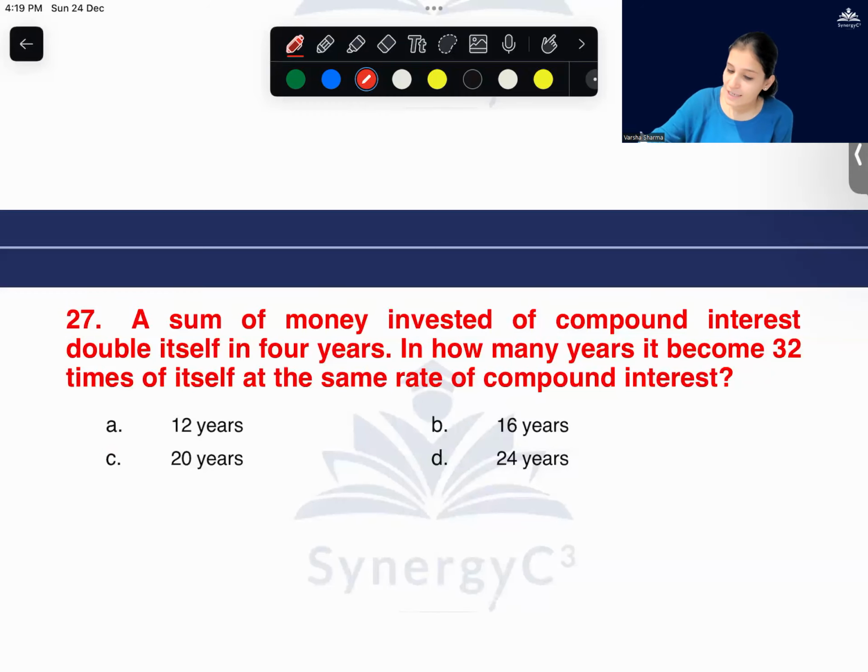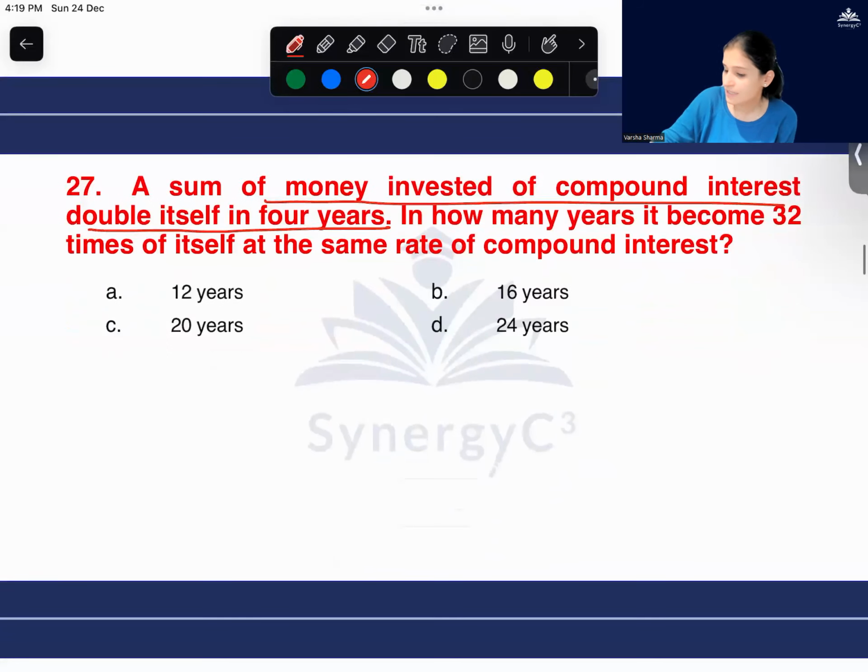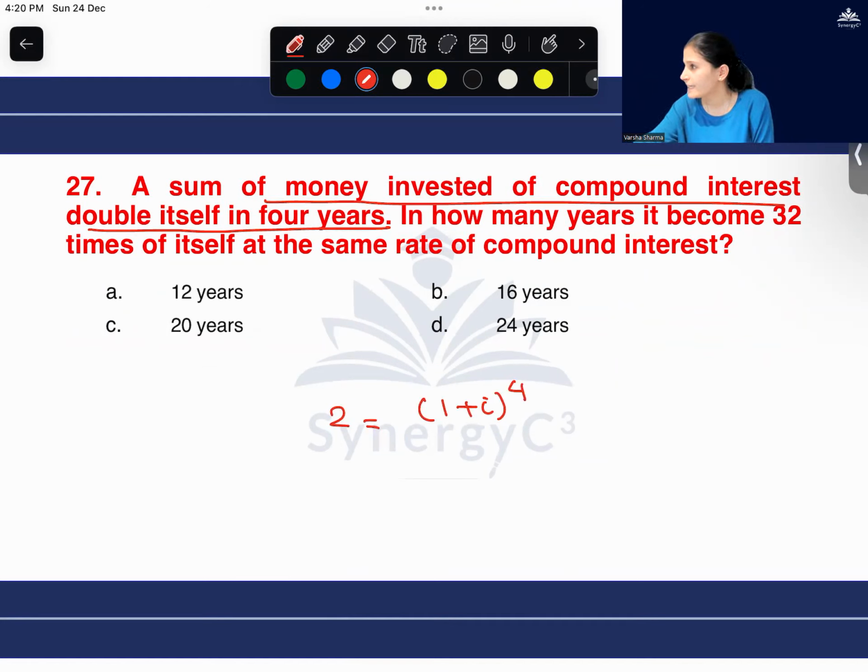Okay, first, a sum of money invested at compound interest doubles itself in 4 years. So if my initial principal is 1, it becomes 2 in how many years? I'm not sure about the time interest, right? Now I want how much? 32. Yes or no?